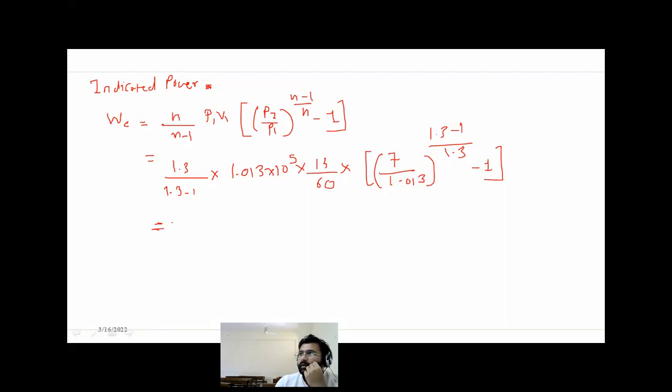Calculate the compressor work. 160 watts.